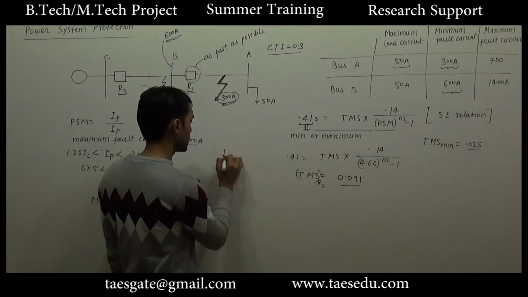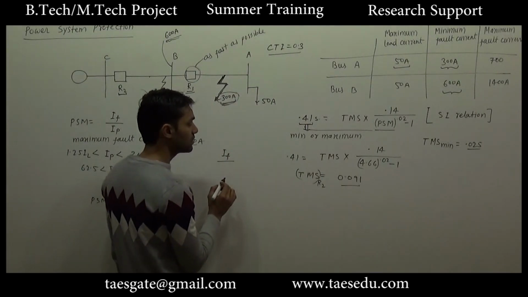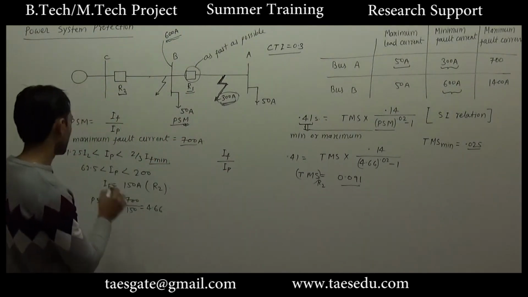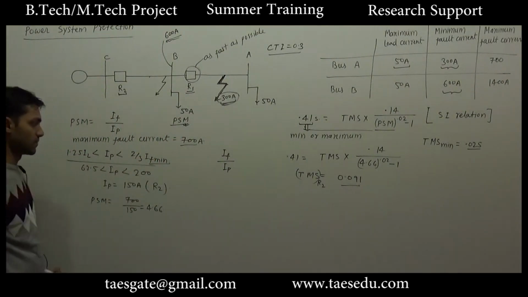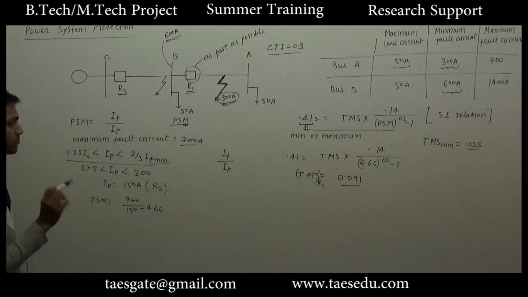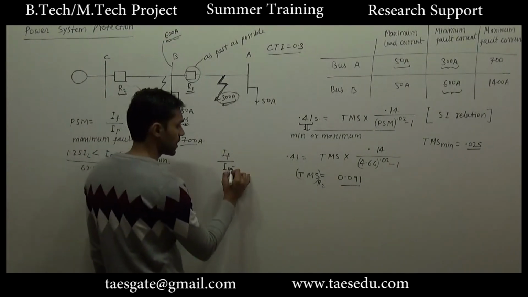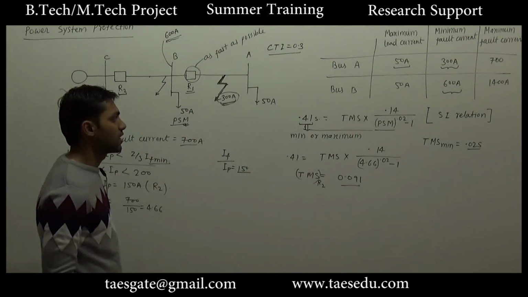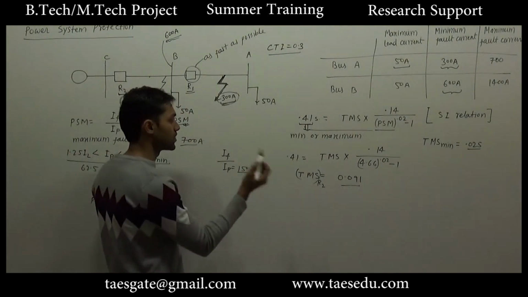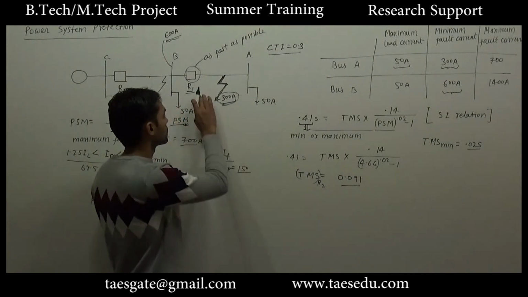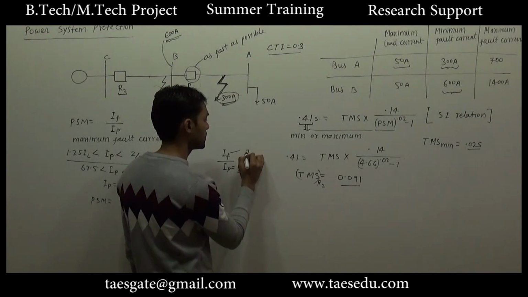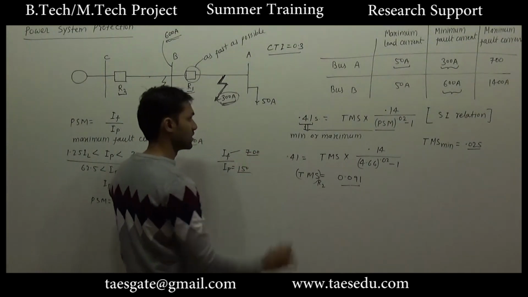PSM is nothing but the fault current divided by pickup current, and for pickup current I used this inequality. After using this inequality I set the value of pickup current as 150 ampere, and I calculated the operational time for this primary protection considering the maximum fault current, that is 700 ampere.